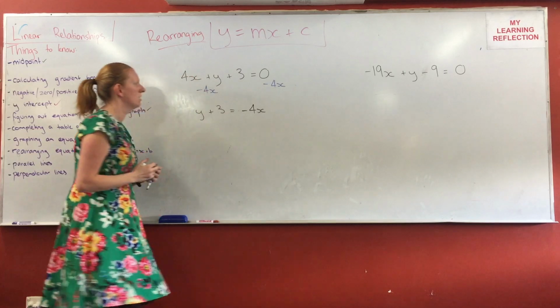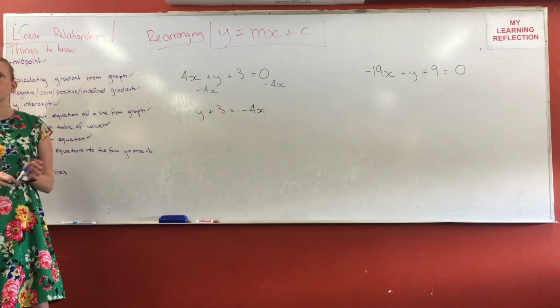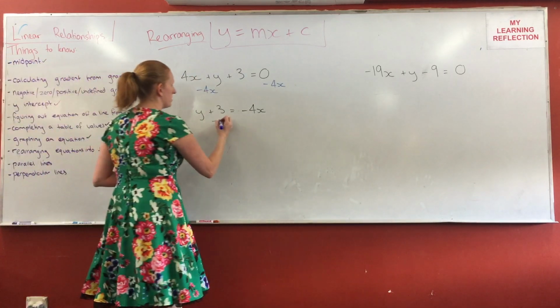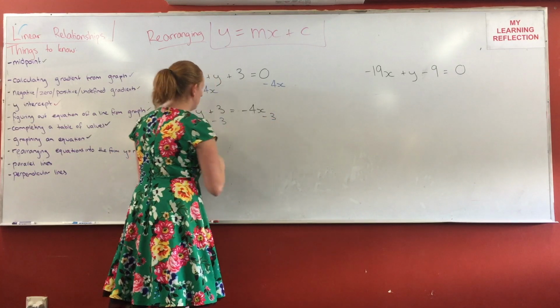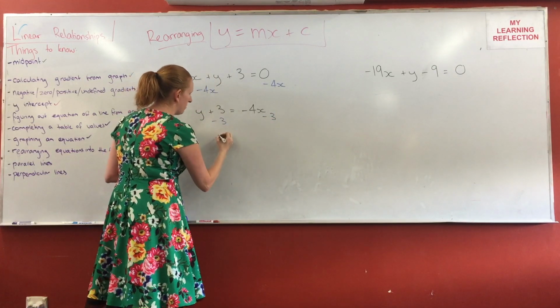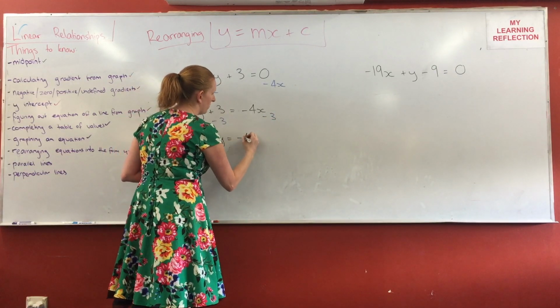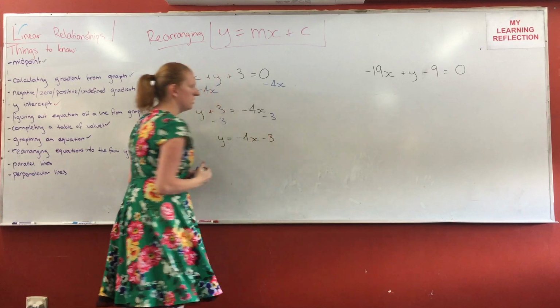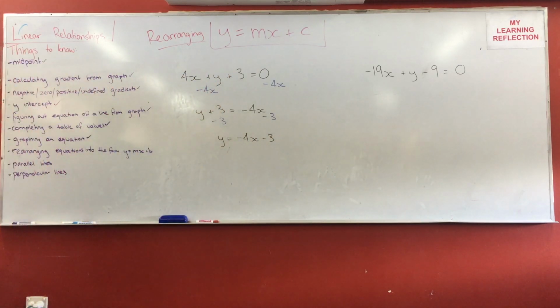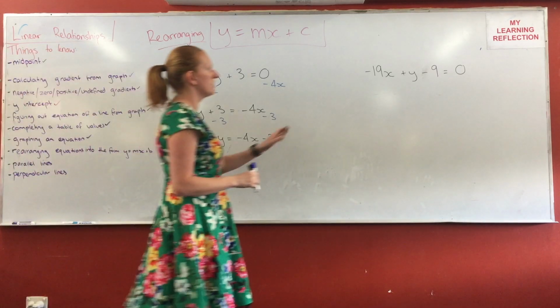Great. Now what do I do? Subtract 3. Great. So this side I'm just left with y equals -4x minus 3. How's that? Is that in the form that we like? It is. Hooray. Success. Let's do it again.